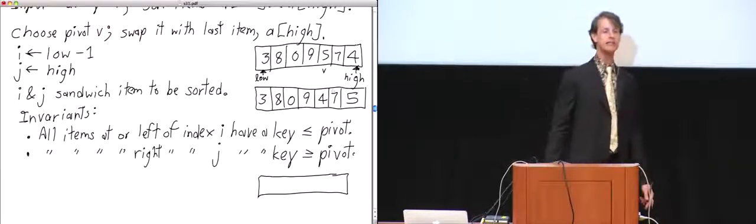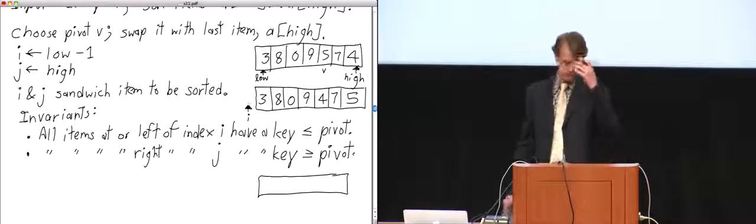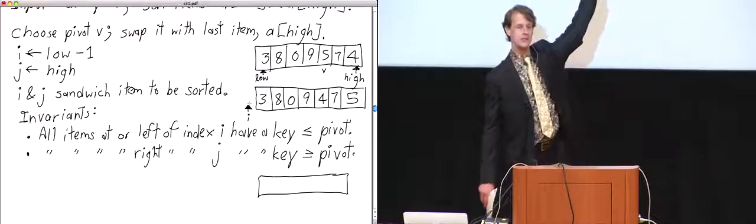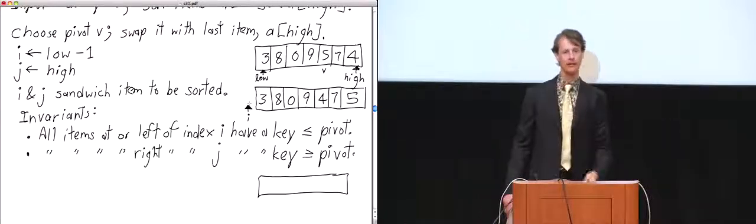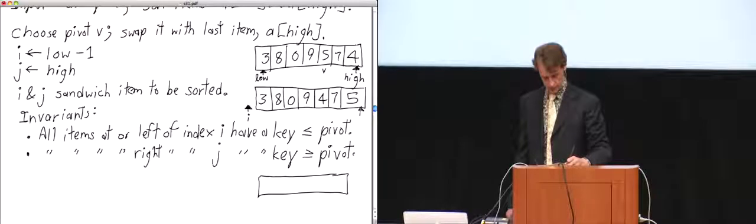Now I set a pointer i that points to low minus 1, meaning it actually points to the spot in memory before the first item I want to partition, and j will point to the pivot.